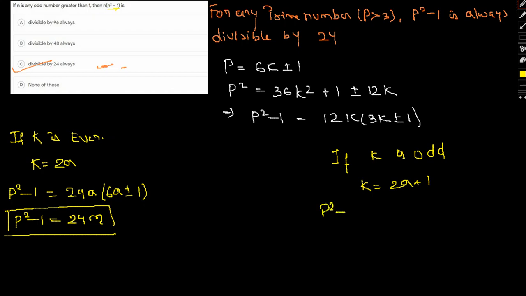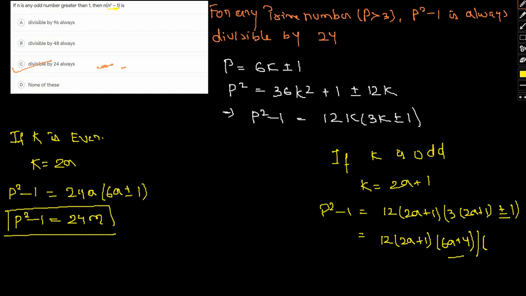So therefore p squared minus 1 will be 12 times (2a plus 1) into (3 times (2a plus 1) plus minus 1), okay, which can be further written as 12 into (2a plus 1) into, suppose I take plus 1, I'm considering plus 1 in this regard, so this should come out to be 6a plus 4, or this last term can be replaced by 6a plus 2, okay, so we have two such solutions.